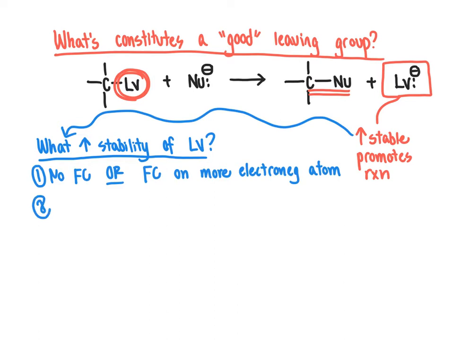Second item on the list here, and again, this list looks a lot like deja vu of factors that stabilize conjugate bases. Second is having a larger atomic radius, because the larger atomic radius gives those excess electrons of the anion more room to roam.